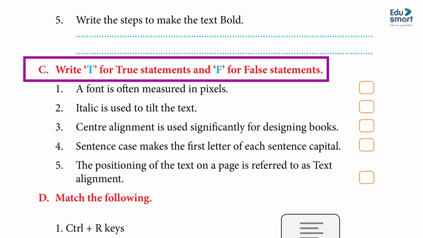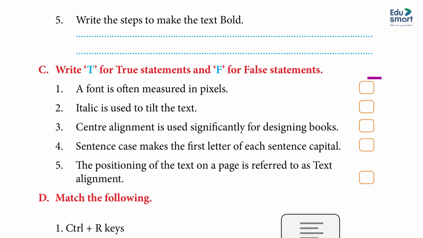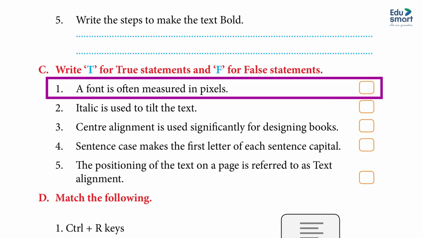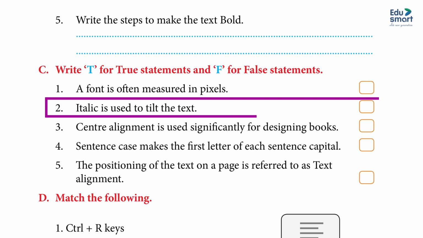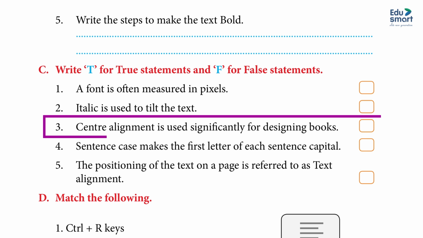C. Write T for true statements and F for false statements. 1. A font color is often measured in pixels. Answer: false. 2. Italic is used to tilt the text. Answer: true. 3. Center alignment is used significantly for designing books.